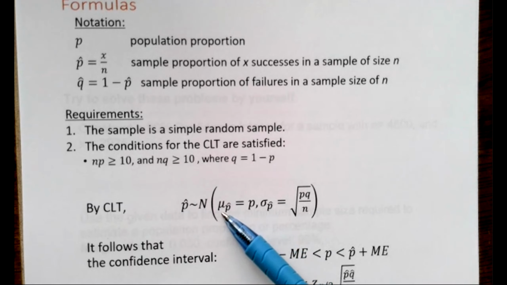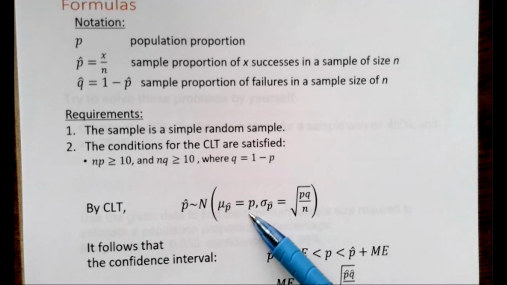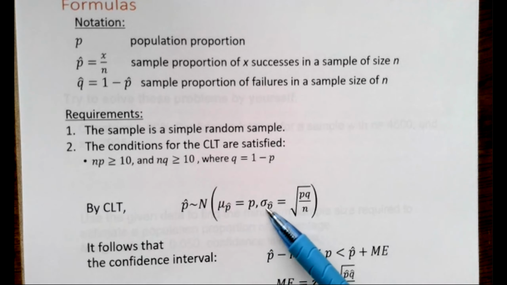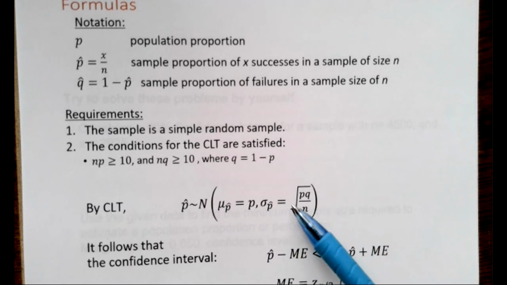And for that normal distribution, our mean is going to be equal to the proportion of the population, and the standard deviation can be calculated using this formula: p times q divided by n, everything square rooted. All right, so how are we going to build our confidence interval?